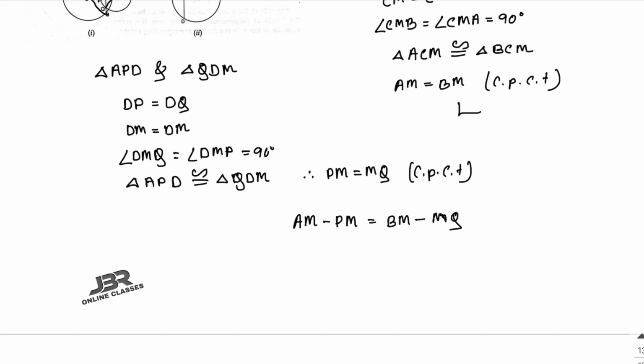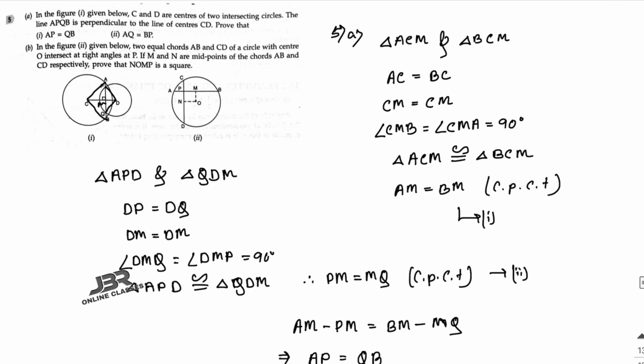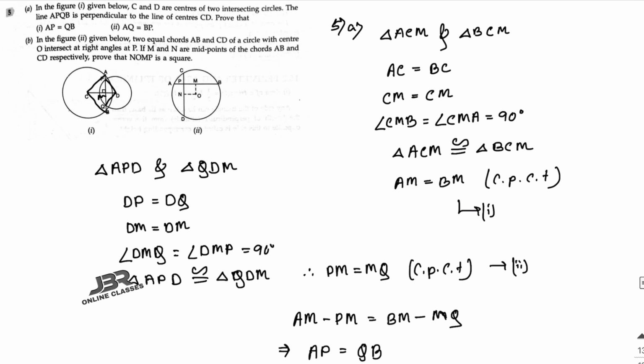From 1 and 2, AM minus PM is AP, so AP is equal to QB. That is the first one, and it's proved.